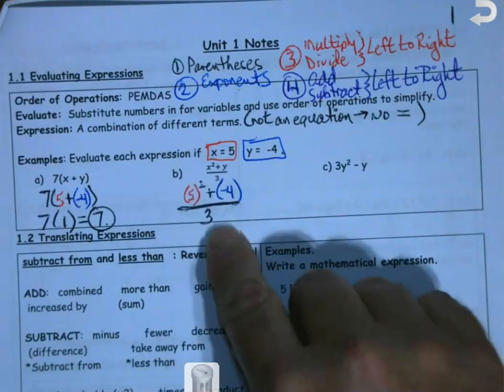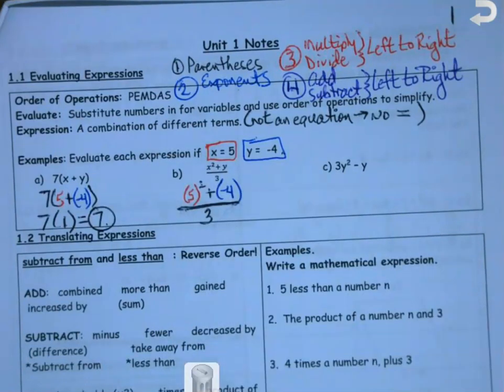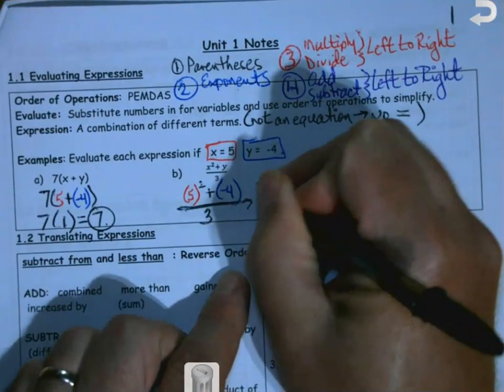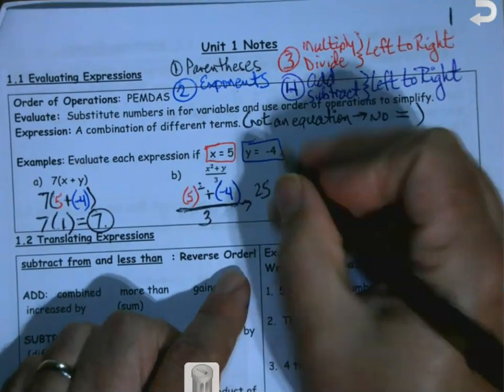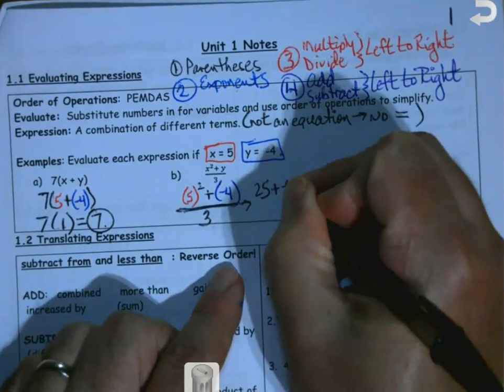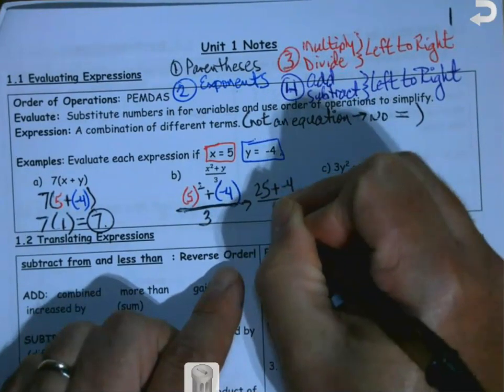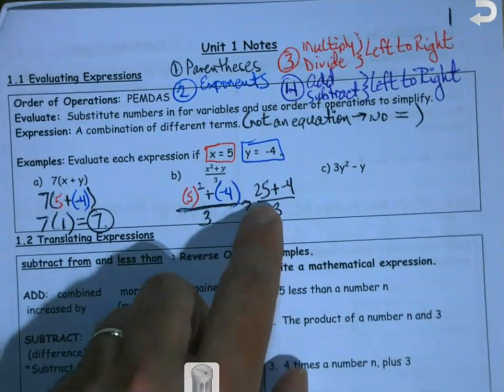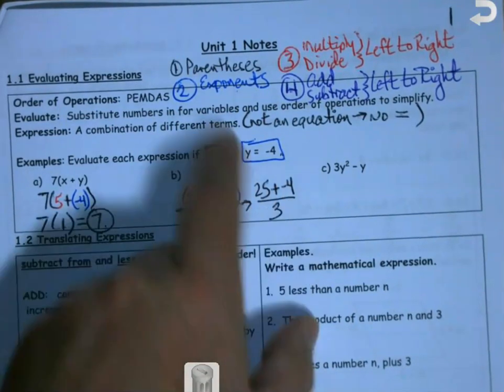For instance, here, I'm going to want to do my 5 squared first, which is 25. So I'm just going to rewrite this out. Plus -4 over 3. Now, you might say, and maybe you're thinking this too, because your calculator would, well, division is next.